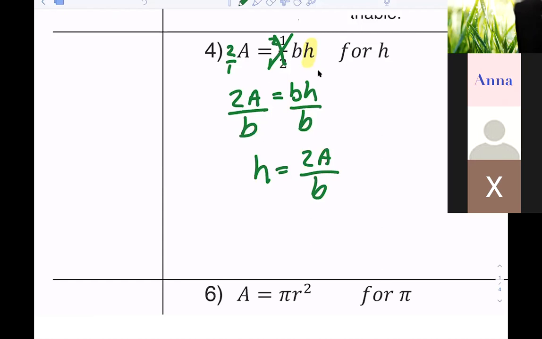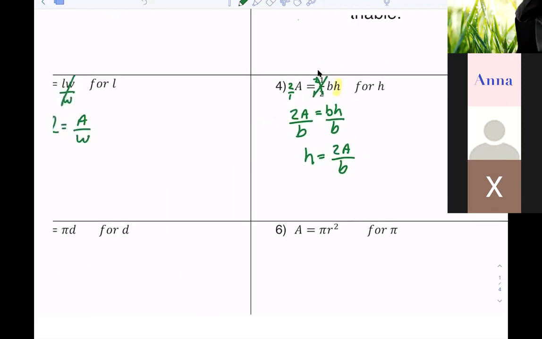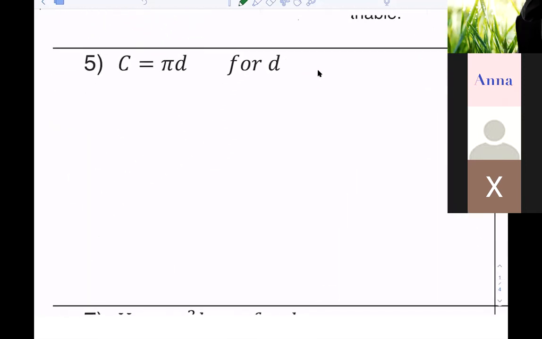All right. Here we go. Now, Gray, you're up. Number 5. So would it be that D equals C divided by pi? You are amazing. Divide both sides by pi.